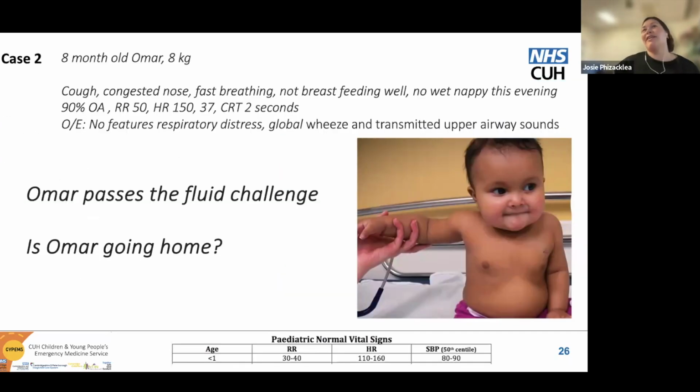Personally, unless I'm really worried about the child and I think they've got signs of severe dehydration, I'm probably going to be more relaxed and let the parents carry on breastfeeding. But I might say shorter times, little and often. You don't want them getting full and getting more short of breath. The main problem will be the shortness of breath when they're feeding, that's limiting their intake. So I might see if the parents want to try smaller, shorter breastfeeding episodes, but more often.